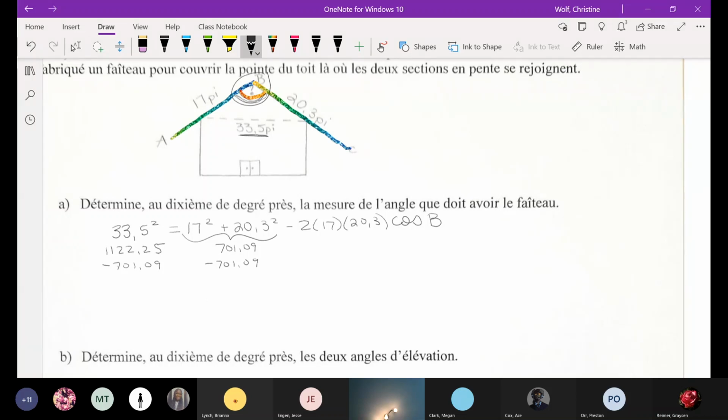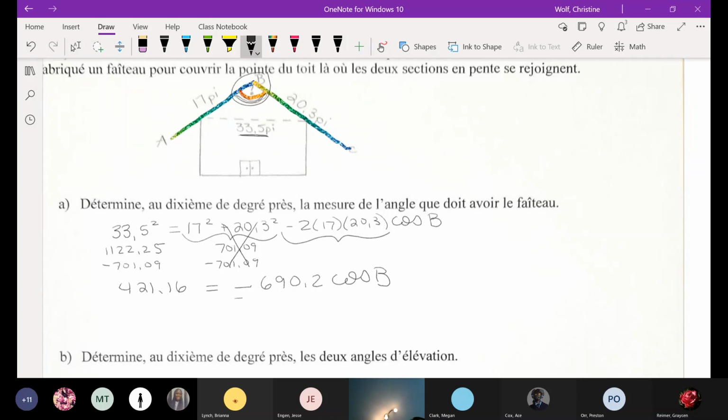Okay, so ça moins 701.09 égale 421.16. This is all gone now. I minus it off. Maintenant, j'allais multiplier ces trois termes ensemble. So 20.3 fois 17 fois 2. Et je reçois un négatif 690.2, encore attaché à cos B.